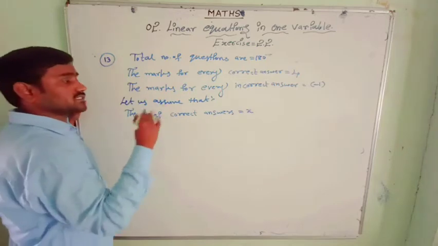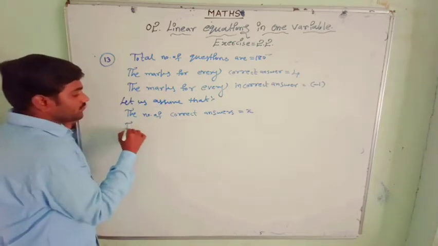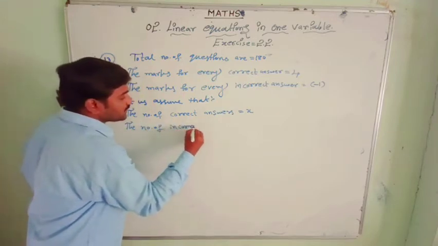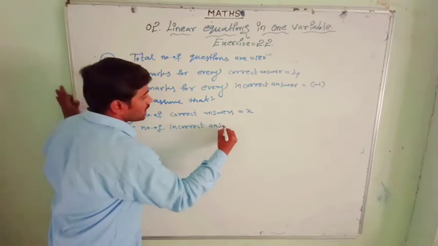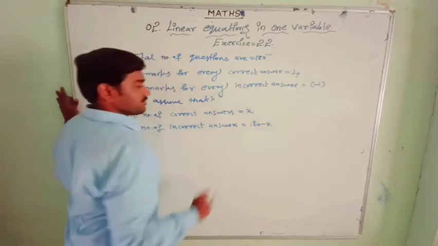They have written x answers correctly. So the number of incorrect answers equals 180 minus x.